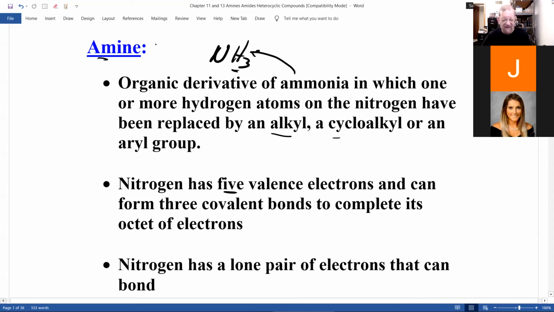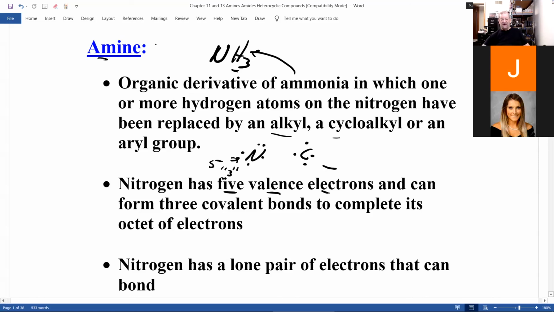Now, here's something important. Nitrogen has 5 valence electrons. The Lewis structure, and this I'll never have on a test, but it's important to know something. Unlike carbon, which has 4 valence electrons, all atoms want to get an octet. If I have 5 here, how many more to 8? 3.